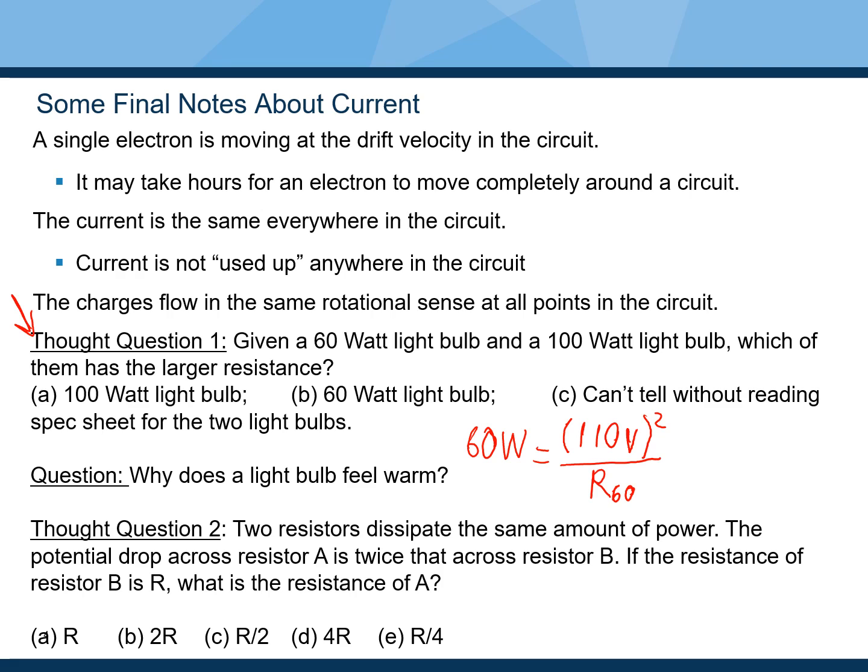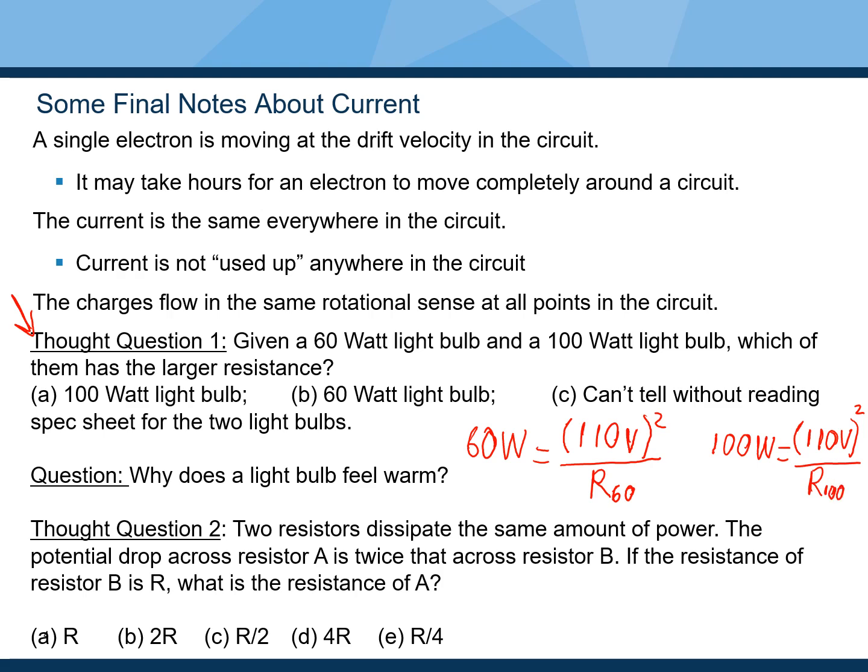The 100-watt light bulb, let's say it's fully efficient, uses up 100 watts of power, and therefore it is equal to 110 volts squared divided by the resistance of the 100-watt light bulb.